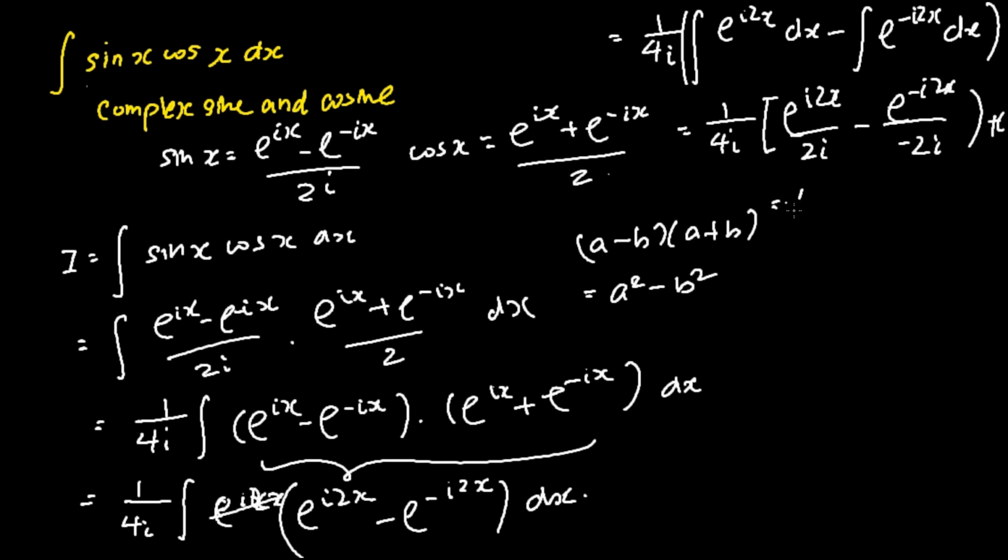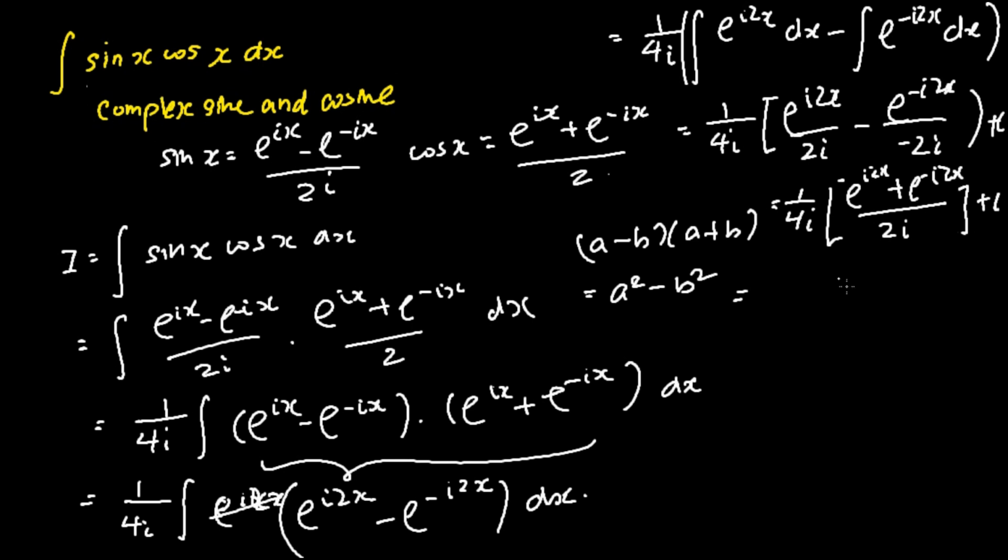We get the following, which is 1 over 4, and we combine the denominators together. We get just e to the power of i2x plus e to the power of negative i2x over 2i.